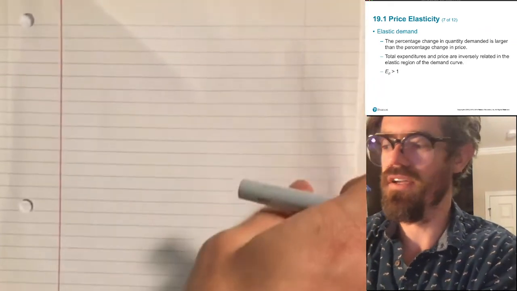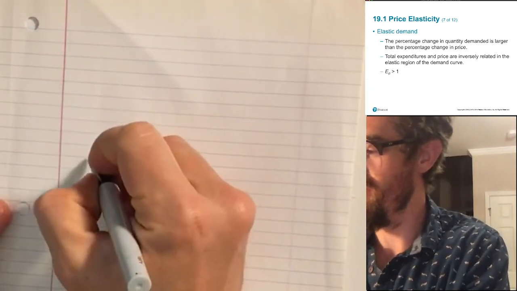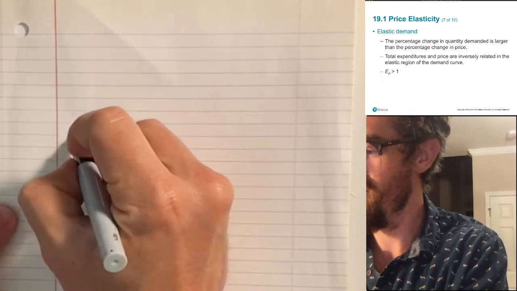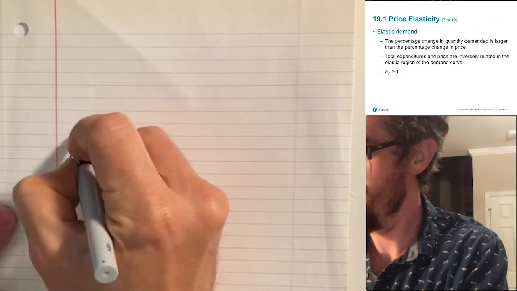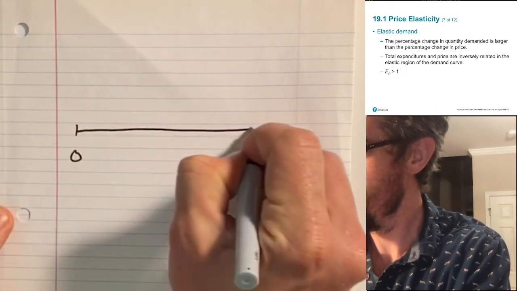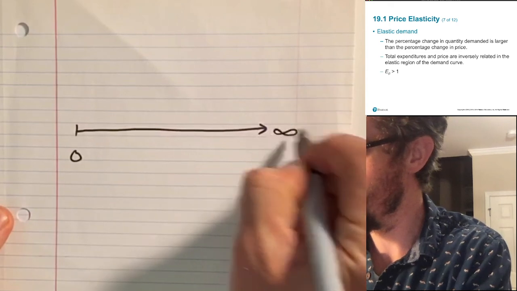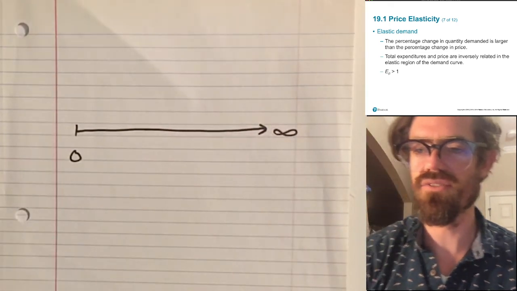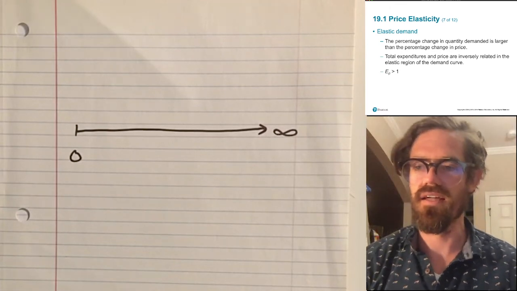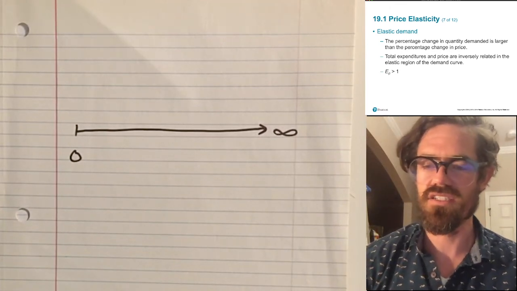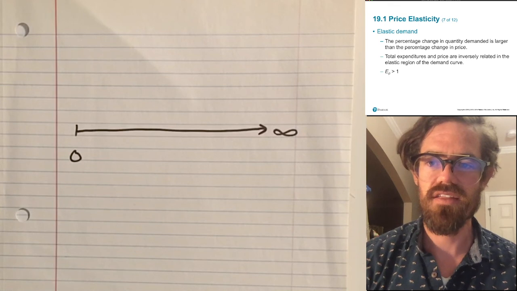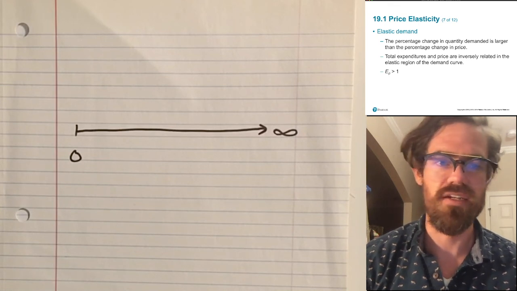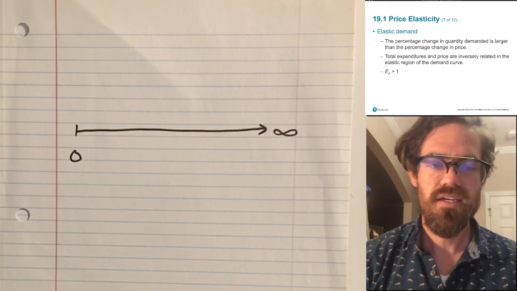And we're, for the most part, going to ignore the negative, right? So it can range anywhere from 0 to negative infinity, or just infinity, ignoring the negative sign, right? So those are the values that the price elasticity of demand can take on. Anything from 0 up to infinity, ignoring the negative sign.